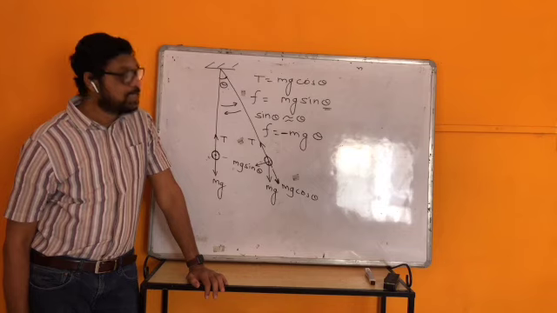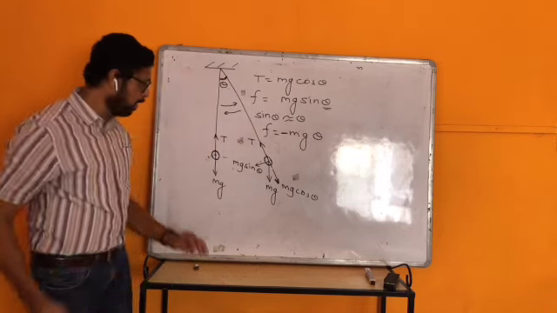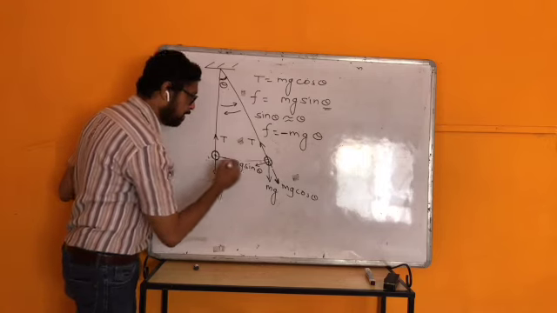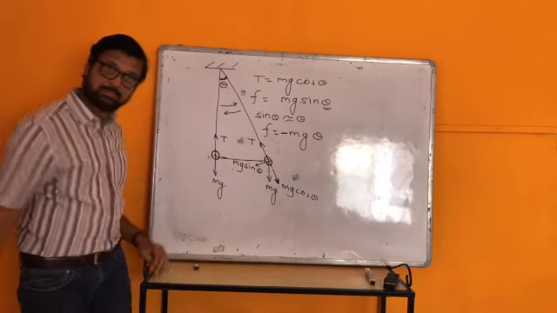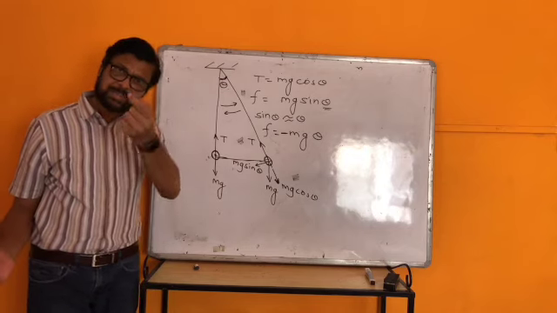Now since theta is very small, this arc will be a straight line. A small part of an arc is a segment.